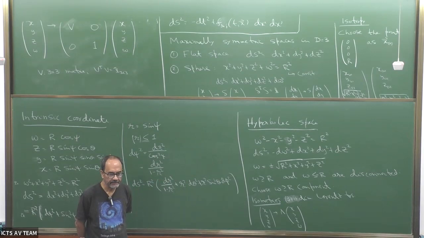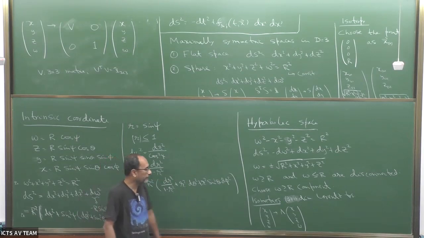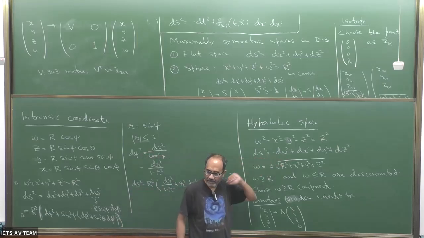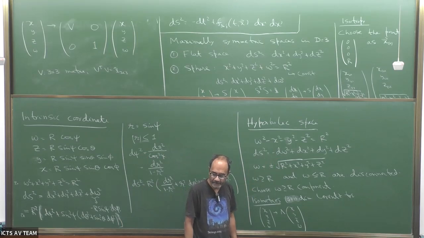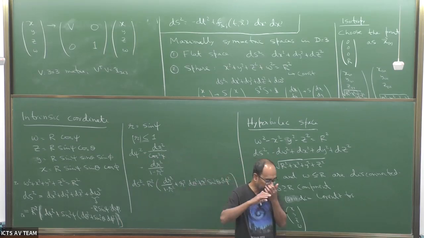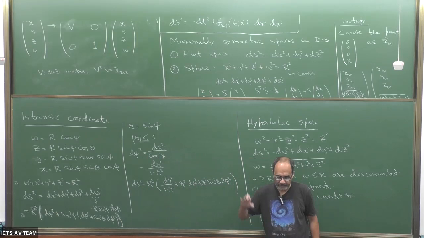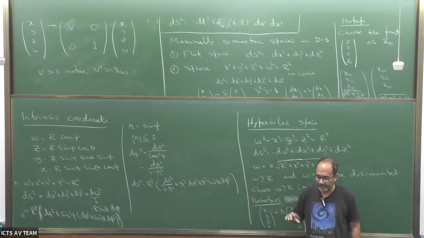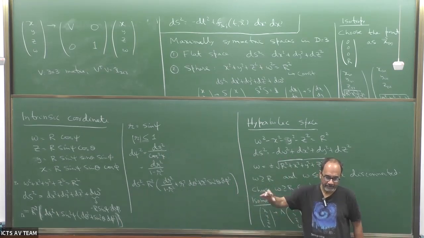Is this clear? Okay, so this is a surface embedded in a 3 plus 1 dimensional Lorentzian signature space. But the statement, which I'll prove in a few minutes, is that the surface we have chosen is Euclidean.